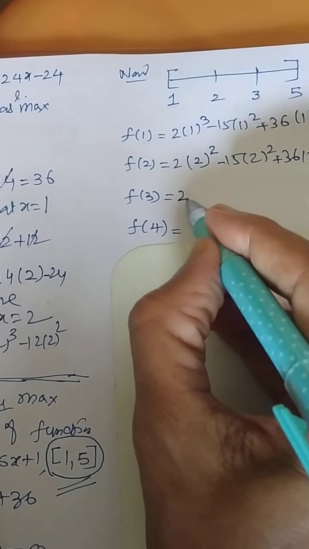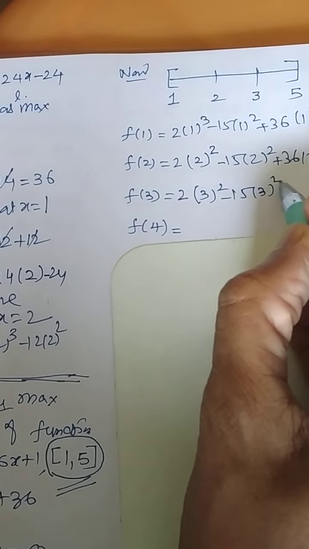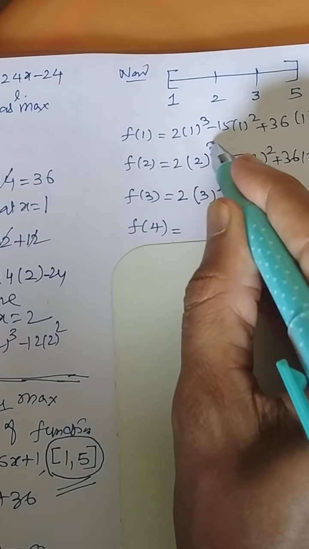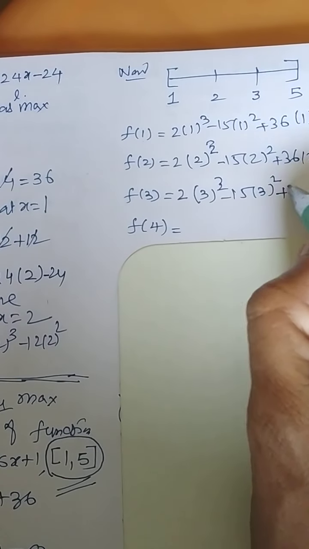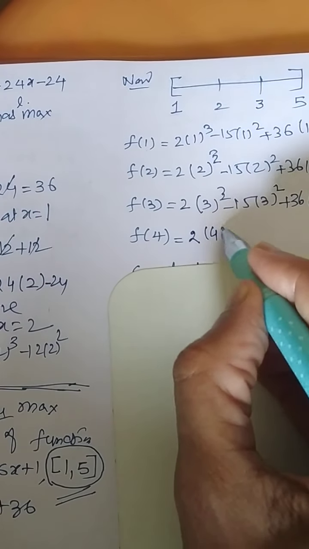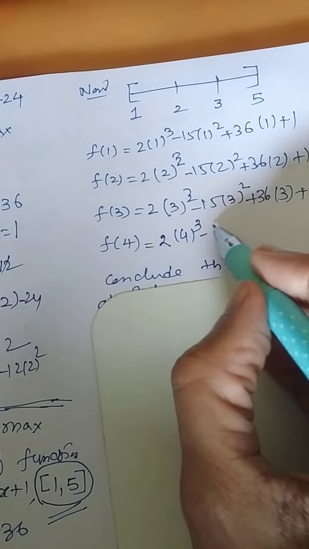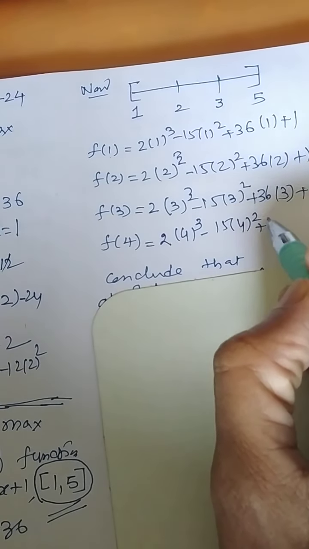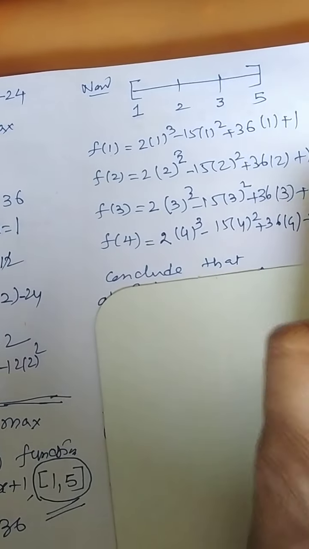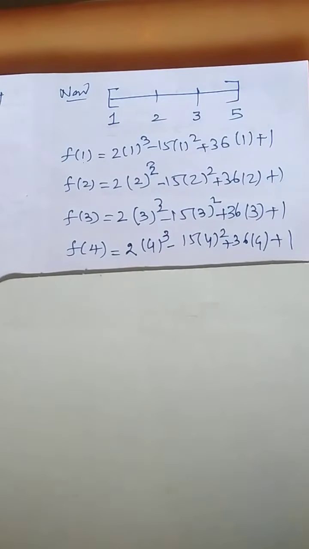Now I should replace 3: 3 cube minus 15 times 3 square plus 36 times 3 plus 1. And then the last one is 5: 5 raised to power 3 minus 15 times 5 square plus 36 times 5 plus 1. So you will straight away be calculating the value at each critical point and the end points of the given interval.